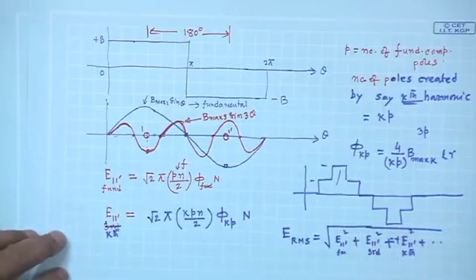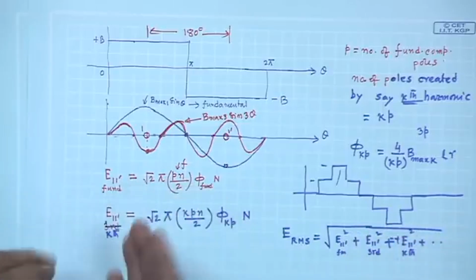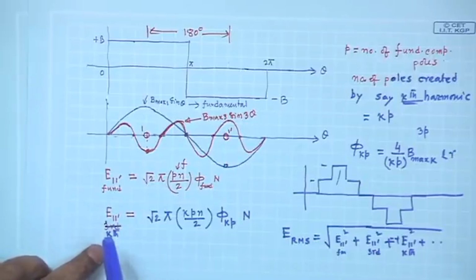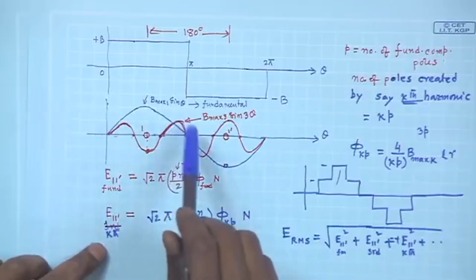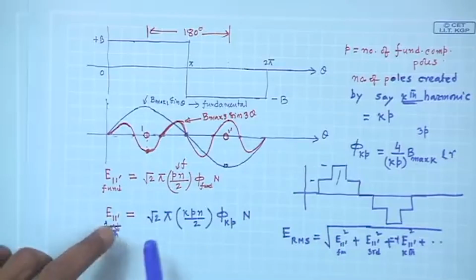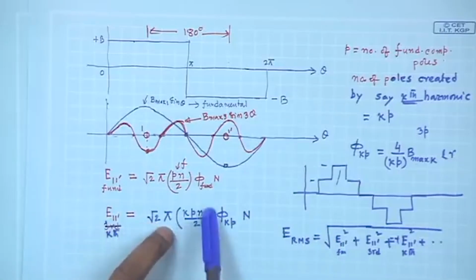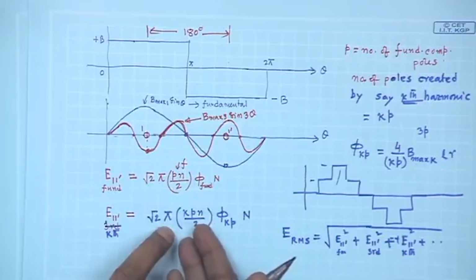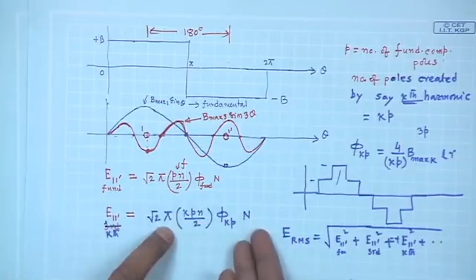And can I use the formula we have already derived? Yes, you can use it, provided you are careful. Suppose I want to find out the RMS voltage contributed by the kth harmonic component of the B distribution. Then E 1 dash kth should be root 2 pi, and this is about the frequency term or the speed term n, and the number of poles of this machine is now k p, so far as the kth harmonic is concerned.